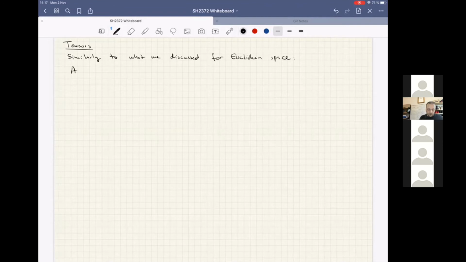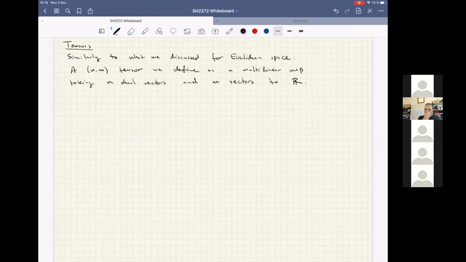So an nm tensor we define as a multilinear map taking n dual vectors and m vectors to a real number R. And we can define a basis of these nm tensors as follows.